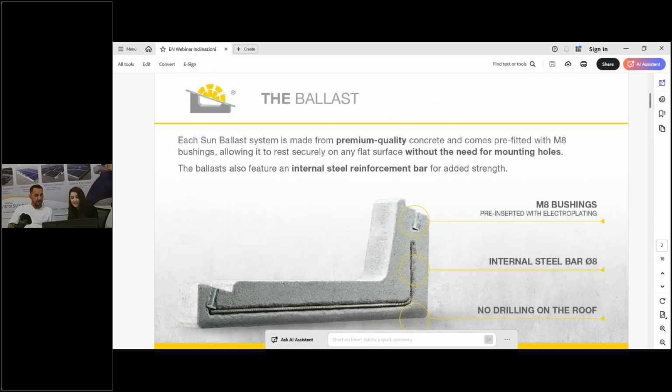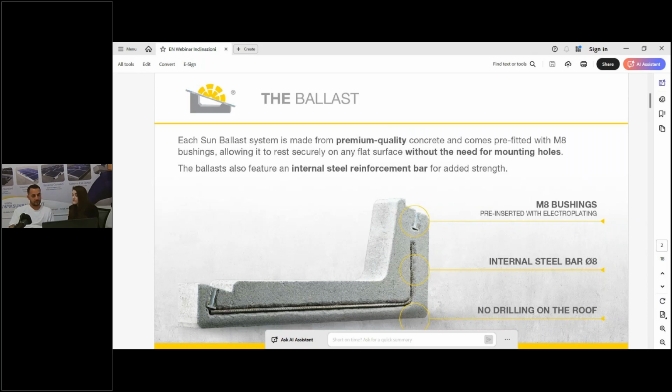The ballast. Each piece of ballast is made of premium quality concrete. It's precast, and there is no need to drill anything. It already has M8 bushings inside, pre-inserted during the production phase.